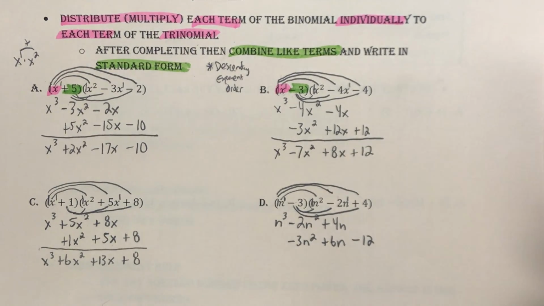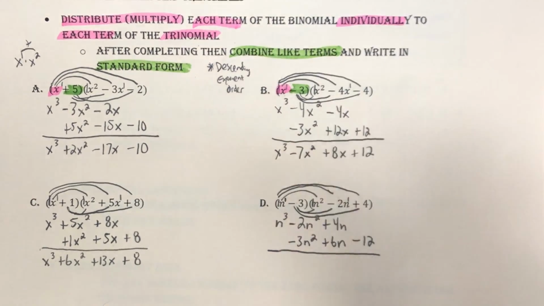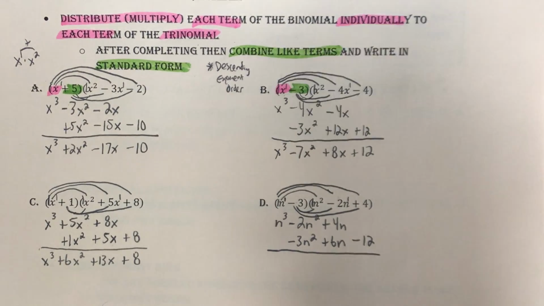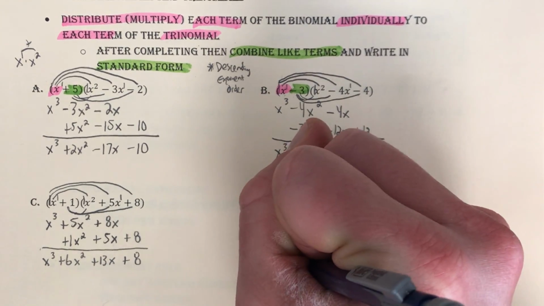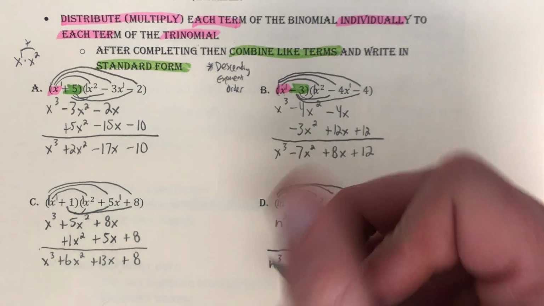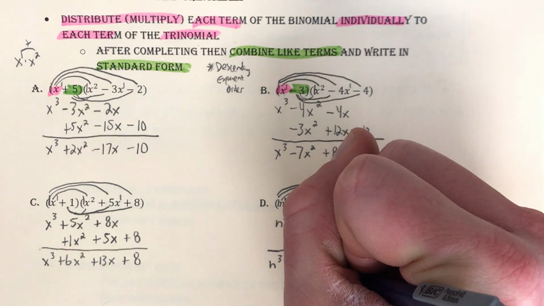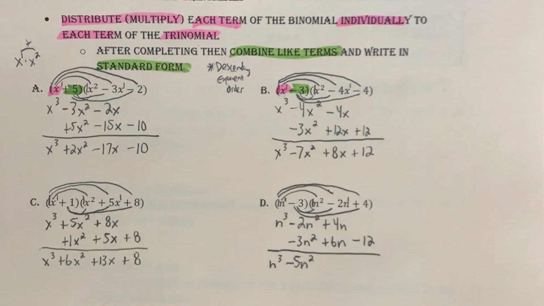Now I'm done with the multiplication, so now I need to combine my stacks. So n to the third, nothing to combine it with, so bring it down as is. Negative 2n squared and negative 3n squared. Negative 2 minus 3 is negative 5, because those are all bad guys, and they are n squared type of bad guys.